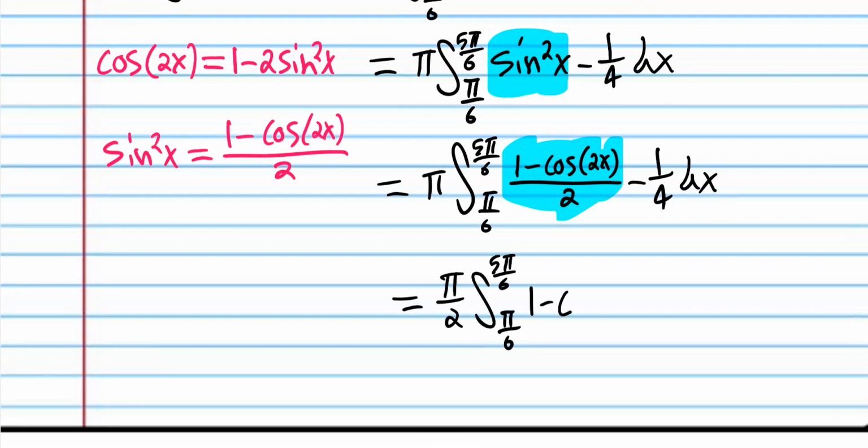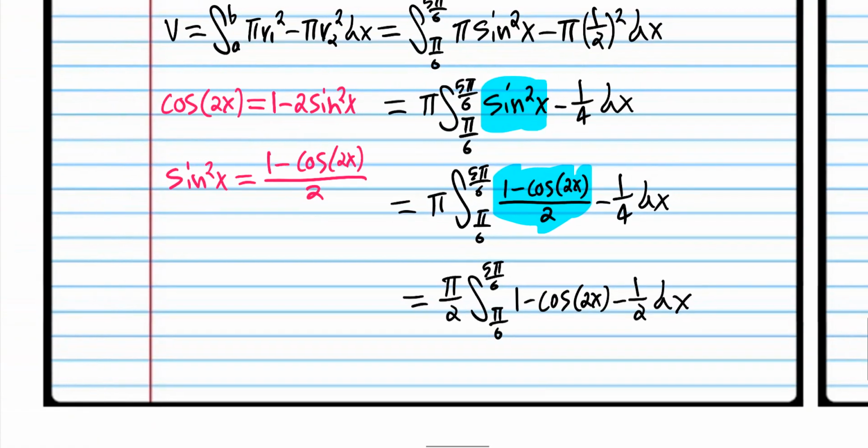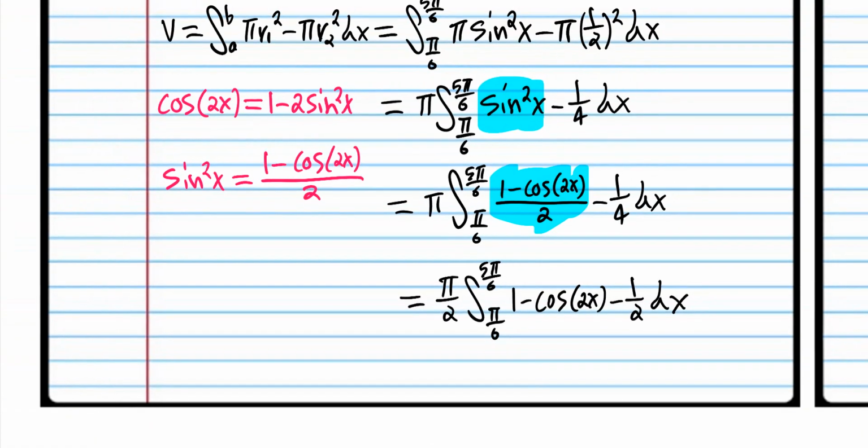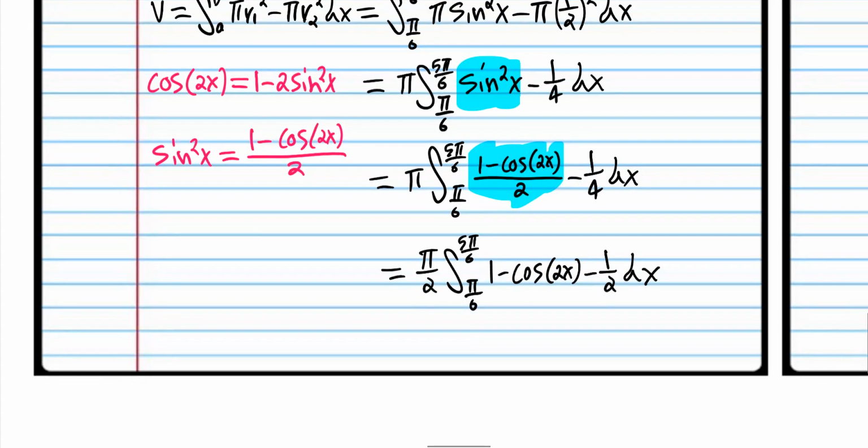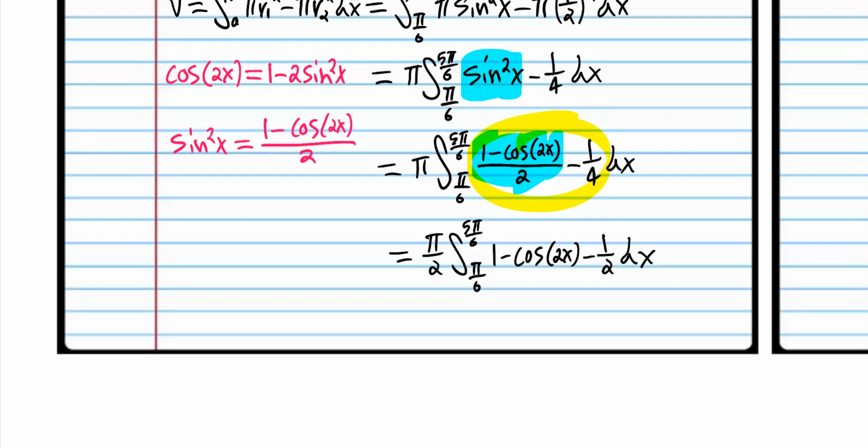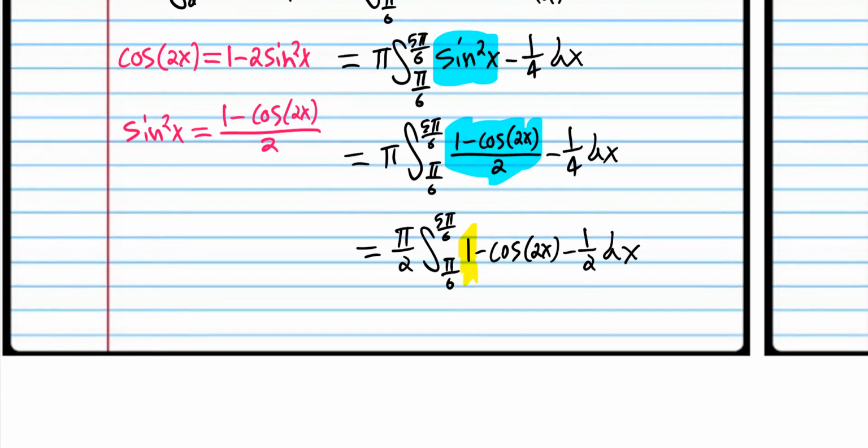Now I'm going to be left with 1 minus cosine 2x minus 1/2. Now, if you want to know why that works, just multiply 1/2 back into these, and you'll get this expression up here. So now we can combine these numbers here. So I'm going to do that.